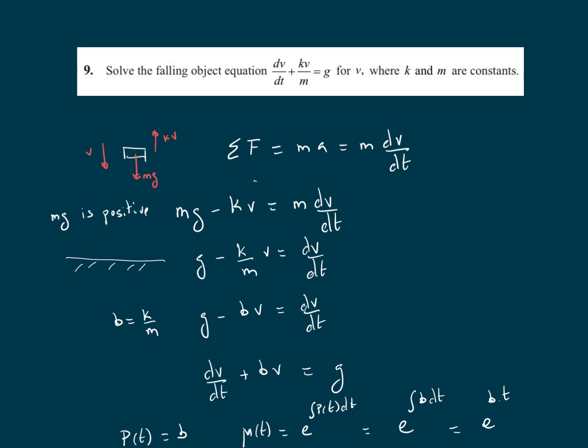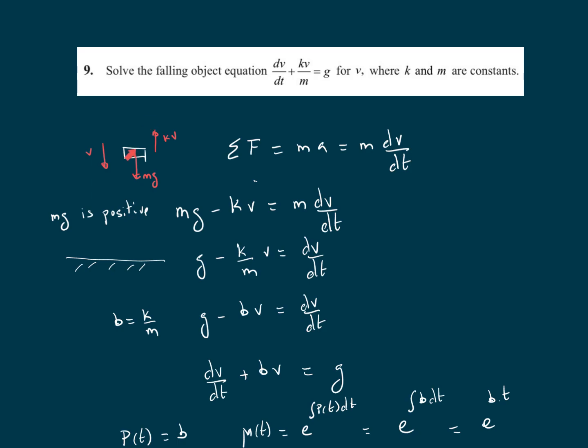So imagine that this is a drop of rain that is falling from the sky, from the clouds. Or imagine this is someone who is falling in a parachute from 10,000 meters. So he's subject to two forces, the weight going downwards and the friction force going upward.